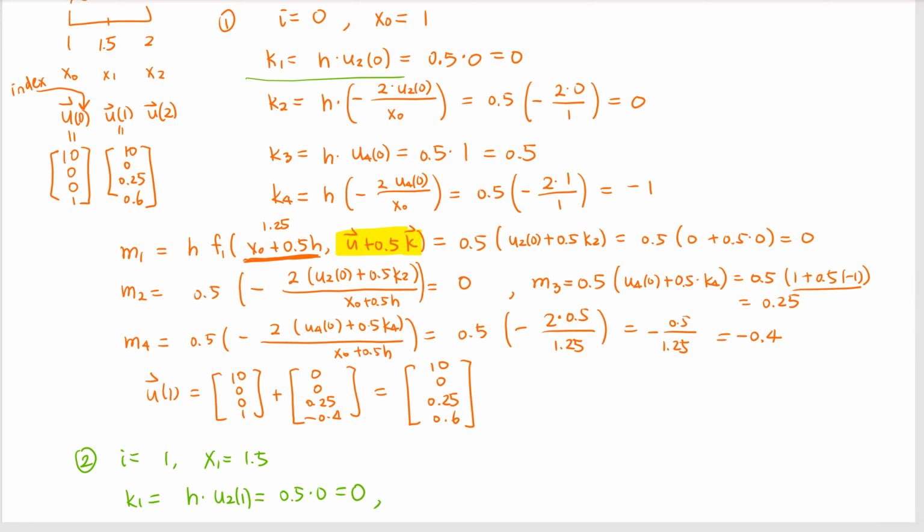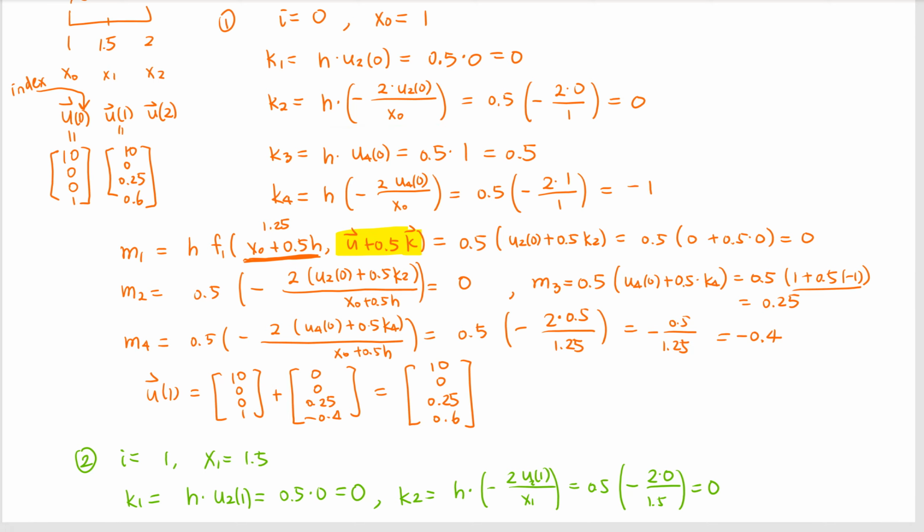So this is 0. Right? And then K2, this formula but increase the index. So H times minus 2 U2 of 1 over x1. H is 0.5, U2 of 1, oh, still 0. Nice. So this is also 0.